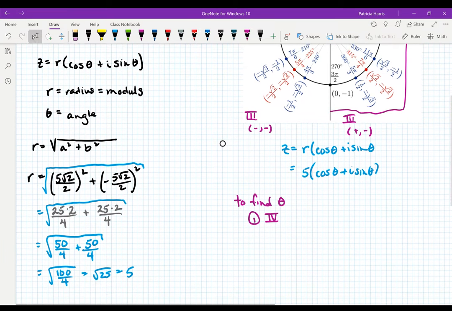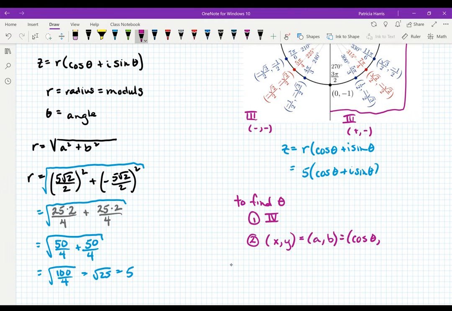Now you've got to remember that your x and y, or a comma b for your point, is the same as cosine theta, sine theta. When we look at those points, they're actually equivalent to trig ratios for that angle.